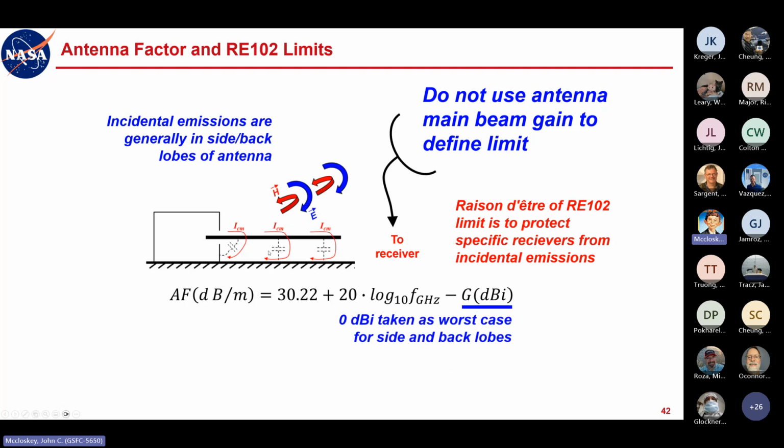So in that antenna factor equation from the earlier slide, we generally assume 0 dBi as a worst case for side and back lobes. Now, I'm supporting a program where they have some characterization data from their antenna vendor to show that they've got negative gain more than whatever, 20 or 30 degrees off of boresight.